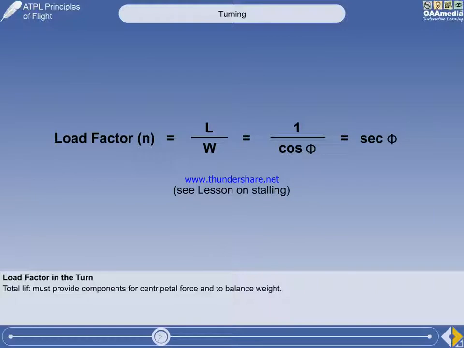The load factor, or G in common parlance, is the relationship between total lift and weight, and can be expressed in the equation load factor N equals lift over weight, which equals 1 over cosine phi, which equals secant phi. The trigonometry of this is fully explained in the lesson on stalling.